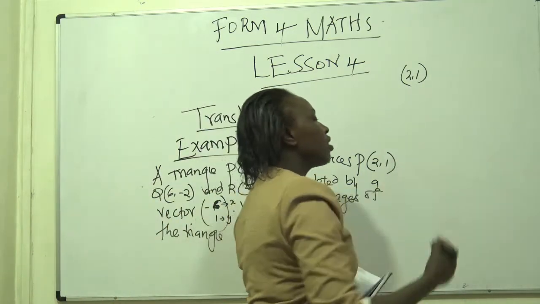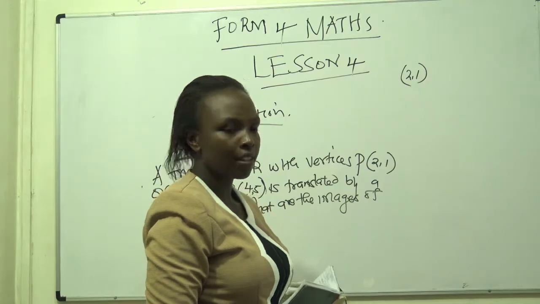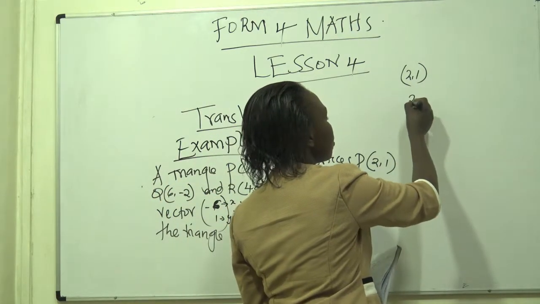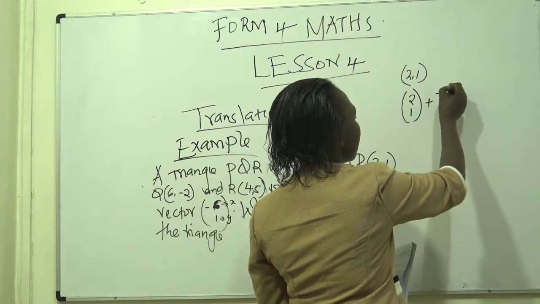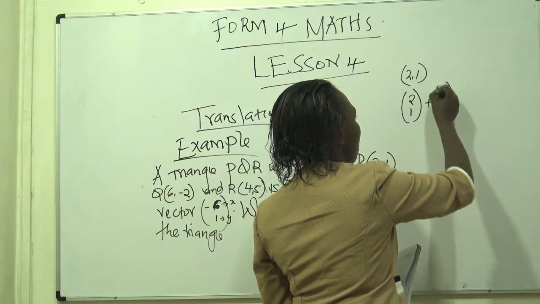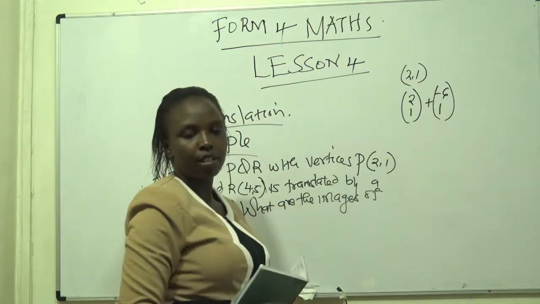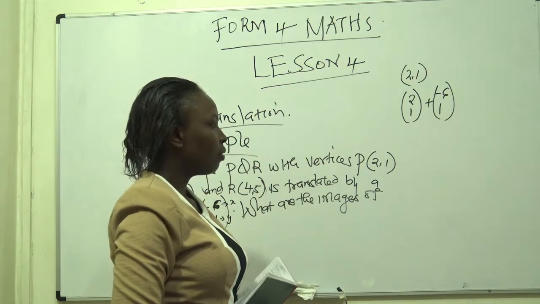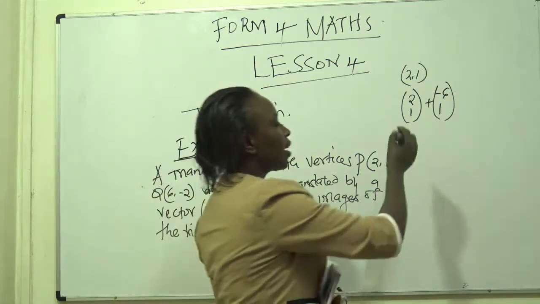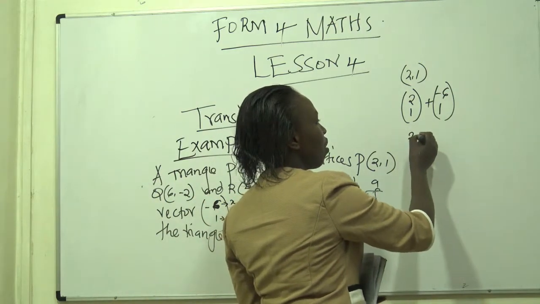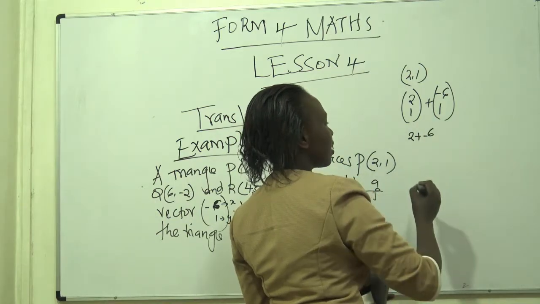So can we rewrite this in column vector? We are going to have 2, 1. Then we add that to negative 6, 1 like that. Now, we start by working out the x. In x here we have 2 plus negative 6.